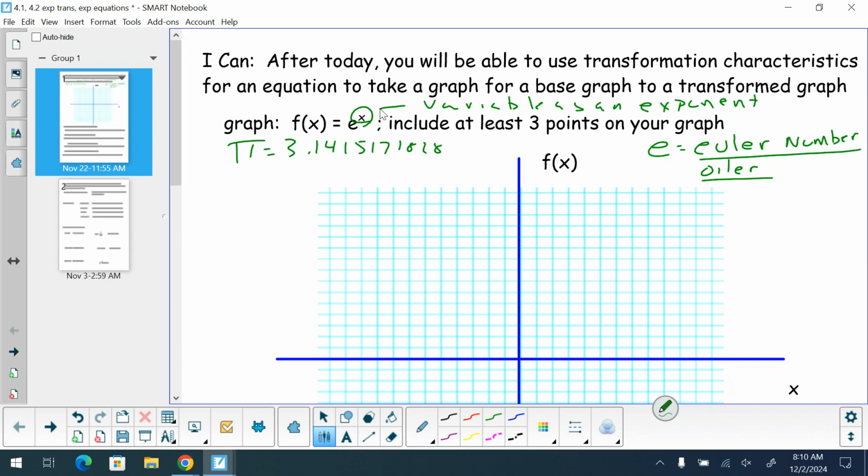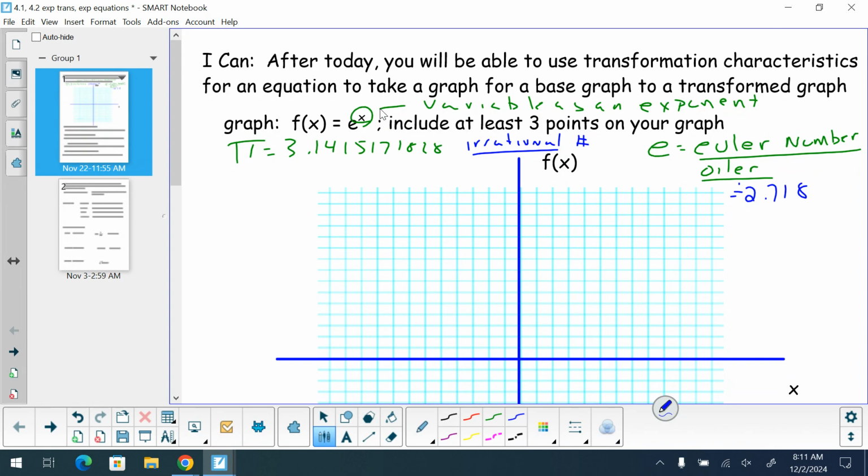So this is an irrational number, because it never repeats and never terminates. Euler's number is the same way. Euler's number is approximately equal to 2.718.